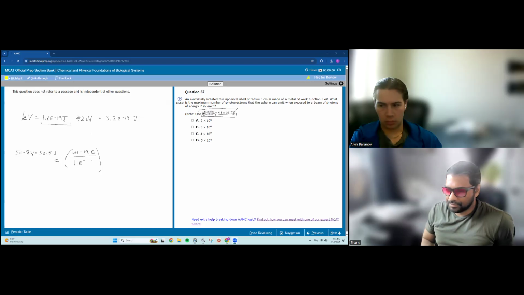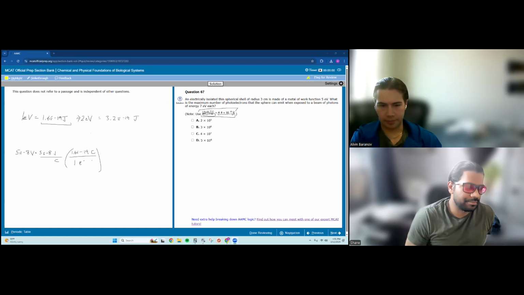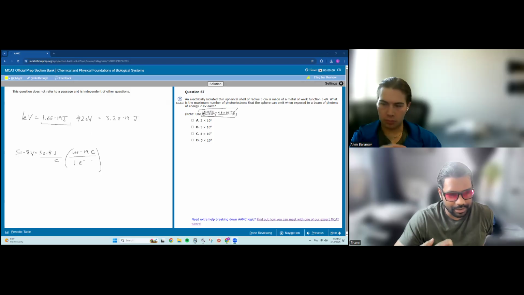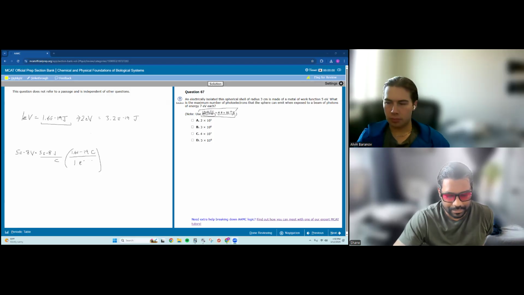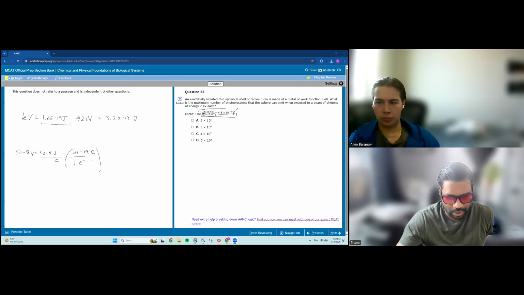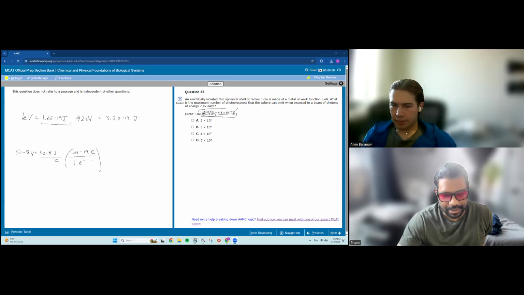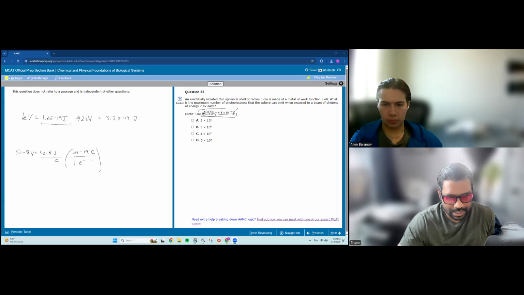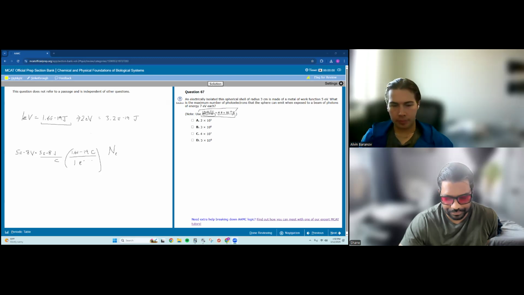And so this will give me the amount of energy in that one electron. And then to get the number of electrons, you multiply it by your number of electrons.